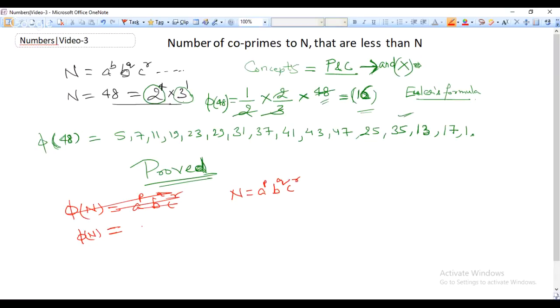Phi n will be n into 1 minus 1 upon a, 1 minus 1 upon b, 1 minus 1 upon c. This is the general formula.